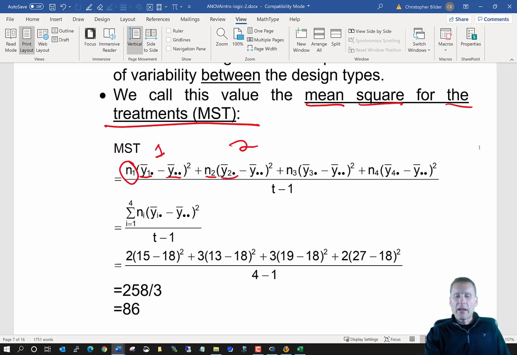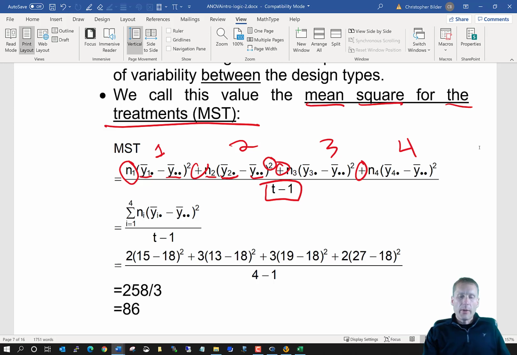We take that sample mean for design type 2, subtract off the overall mean, square it. And we're going to keep on adding all this up for design type 3 and design type 4. To get an average value, we're going to take the number of design types or factor levels in general, t. We're going to take that, which is 4 for us, minus 1.